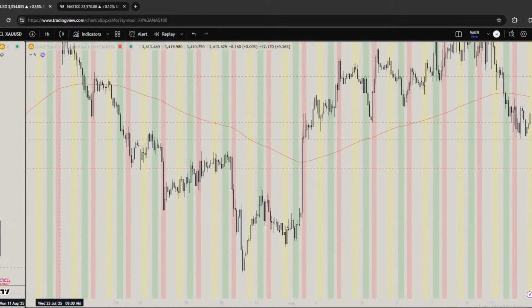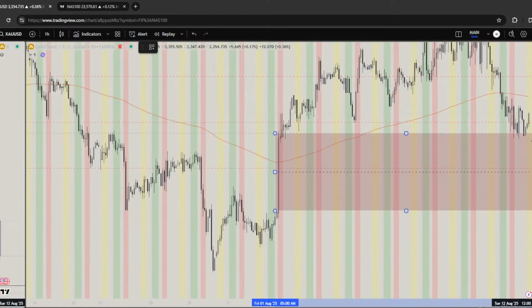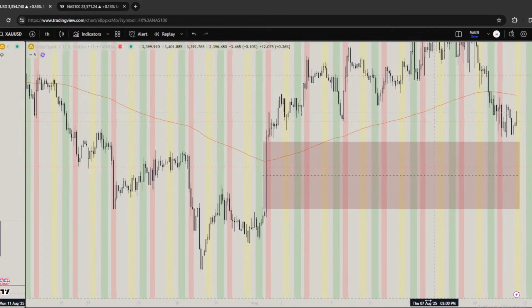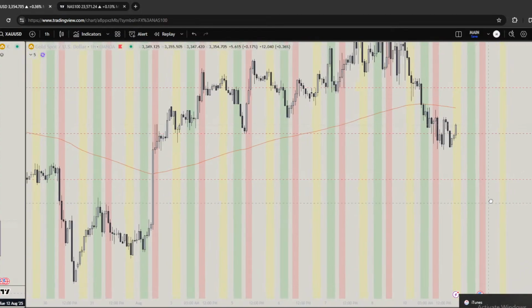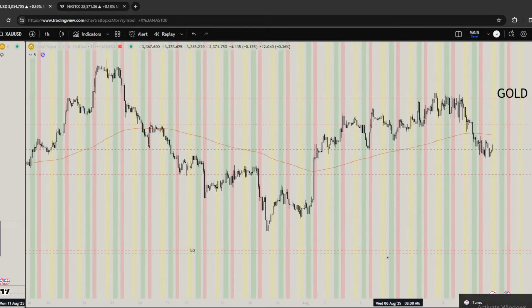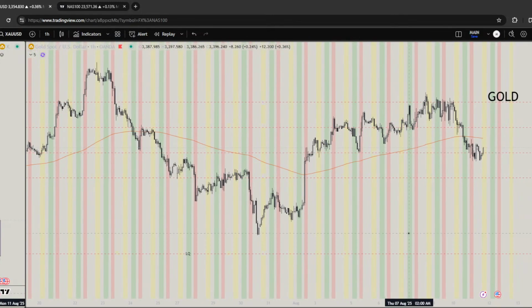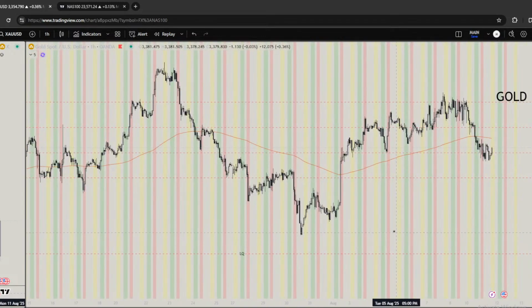I still think it manipulates lower. Yeah, I still think it goes down to this 325 or this 250. Got all these lows.